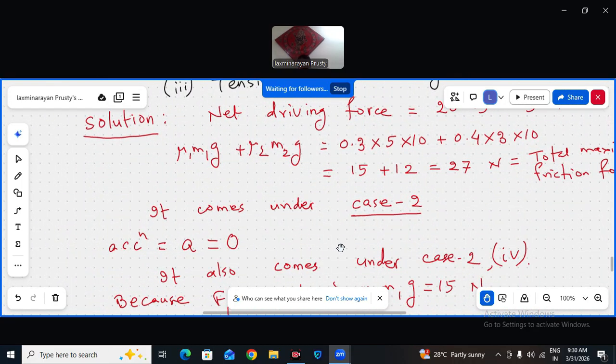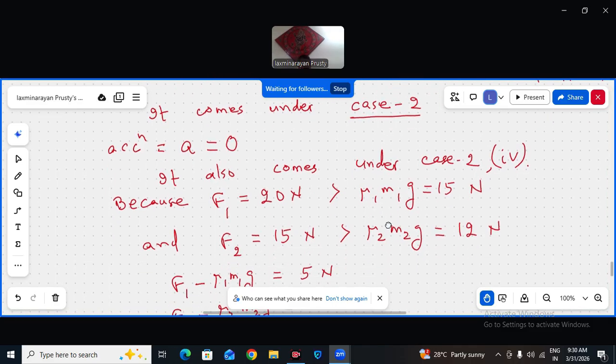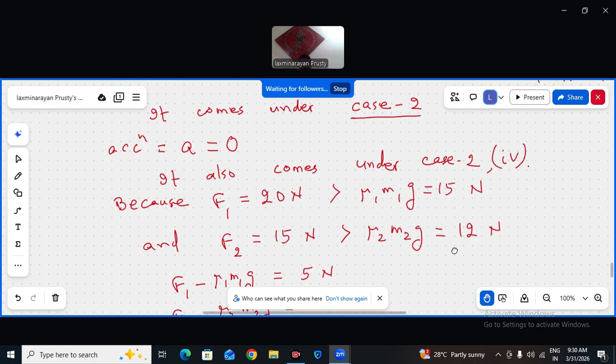So then acceleration is 0. Which sub-case is this coming into? IV. Why? Because F1 is 20 and μ1 m1 g is 15. So F1 is greater than μ1 m1 g. Similarly, F2 is 15, but small f2 max is 12.